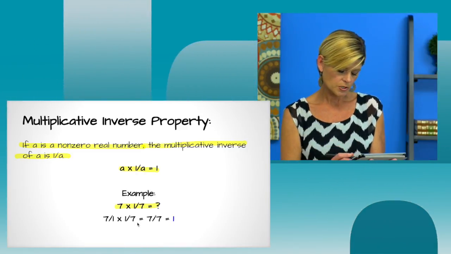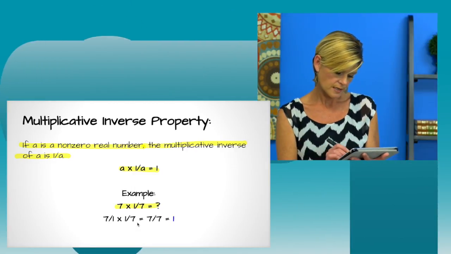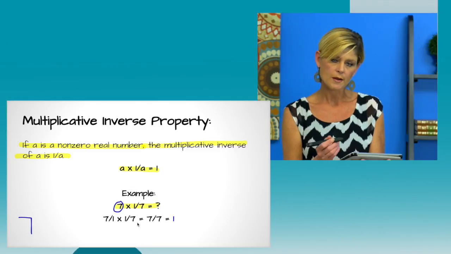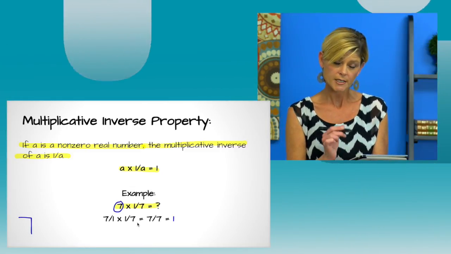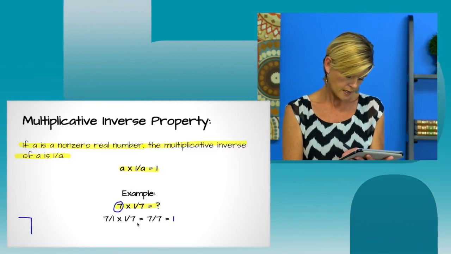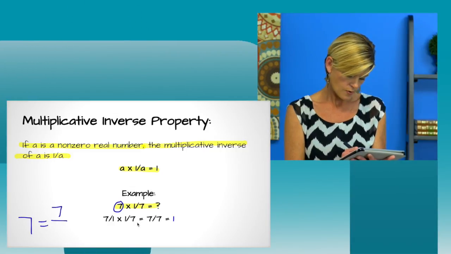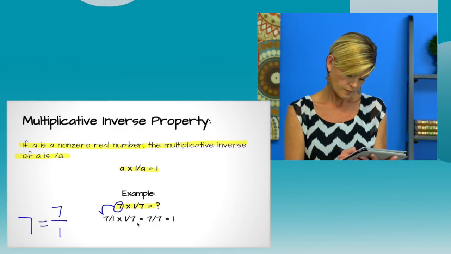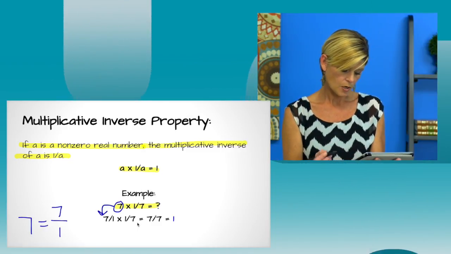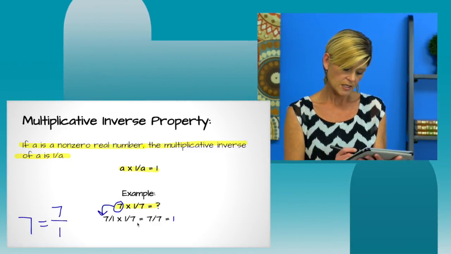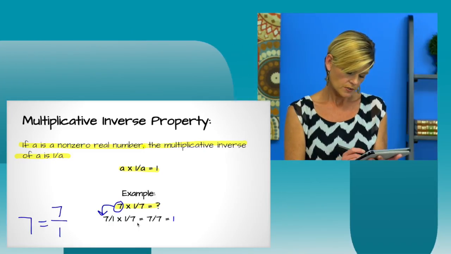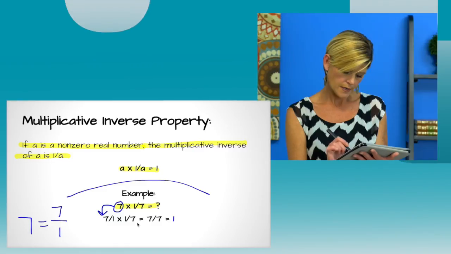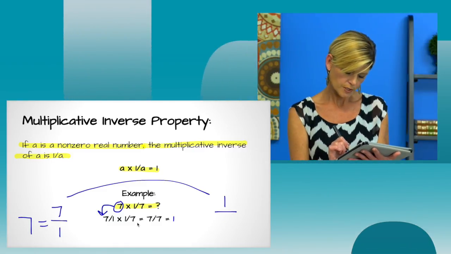Now what I really wanted to show you is, let's take a look at this 7. 7 being a whole number. If I wanted to put that into a fraction form, I would write it as 7 over 1, correct? And that's what I've done here. So 7 over 1 times its multiplicative inverse, so the inverse of 7 over 1 would be 1 over 7.